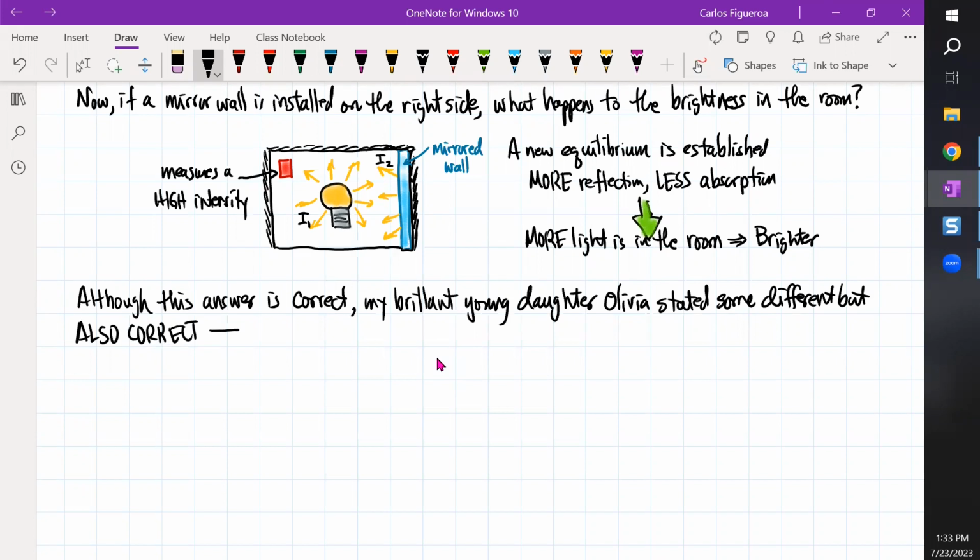She said this: Daddy, I know why the room is brighter.